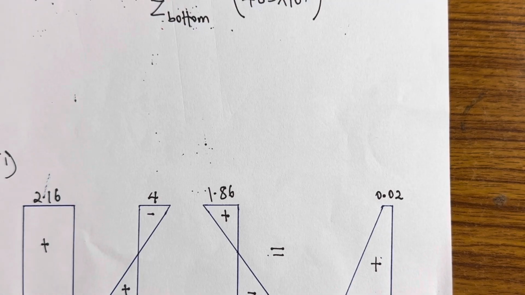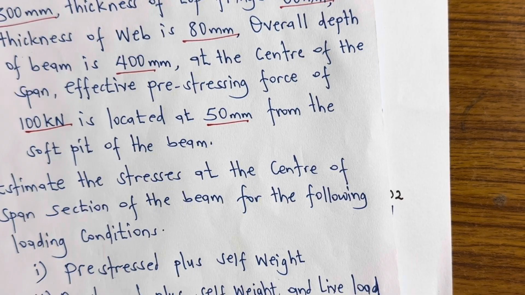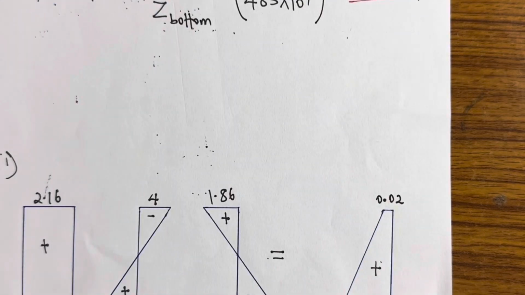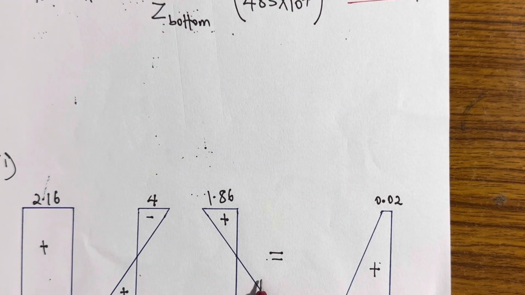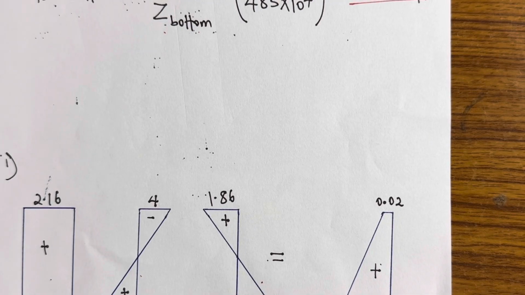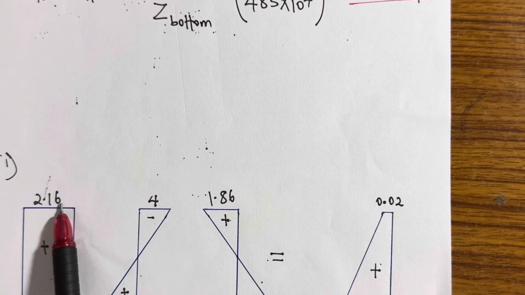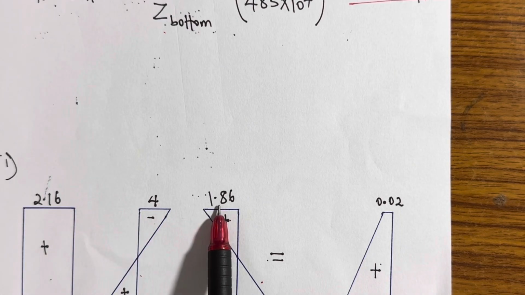Remember, our first question is talking of that. So we need to get the stresses due to prestressed plus self-weight. Remember, this is direct stress, this is due to prestressed force and this is due to dead load. The resultant, now according to these signs, this is 2.16 minus 4 plus 1.86.